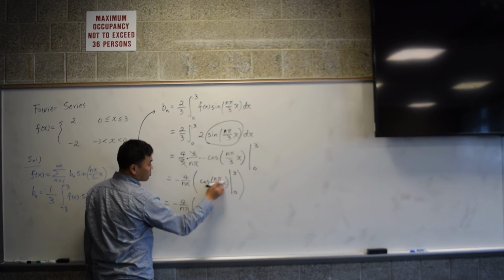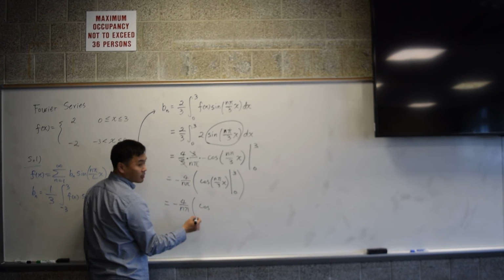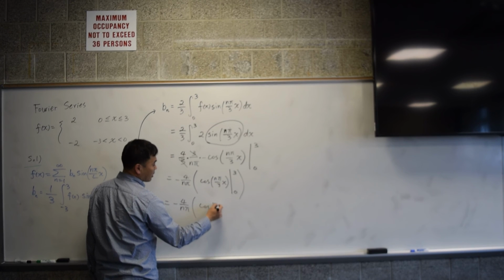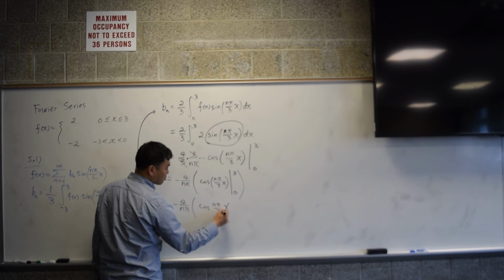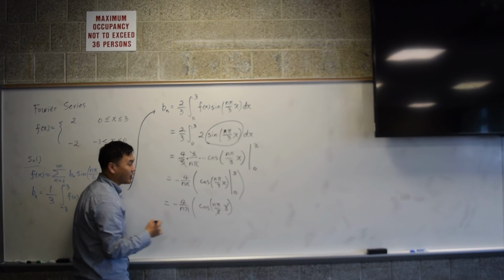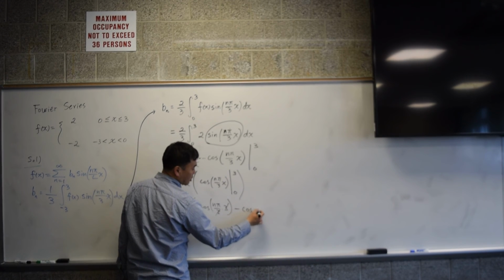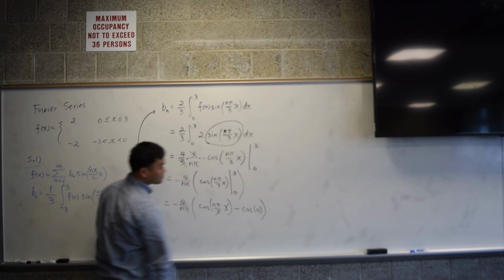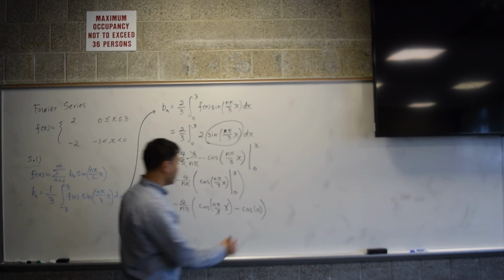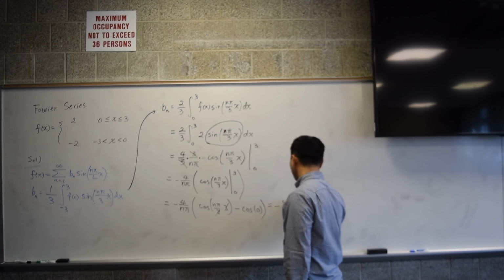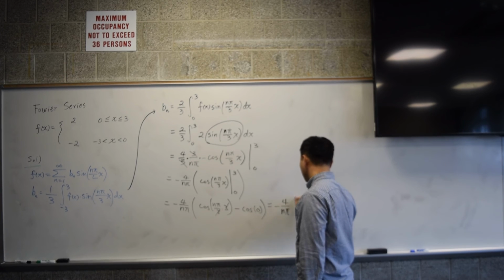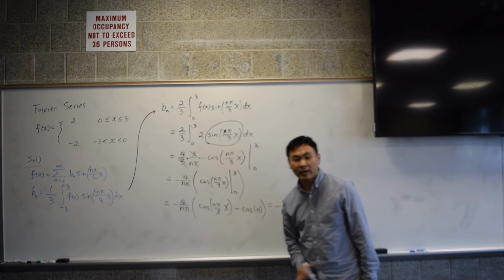When you plug in 3, what do you get? Cosine of n pi over 3 times 3, so the 3 cancels, and you get cosine n pi. When you plug in 0, you get cosine of 0. So we have -4 over n pi times the difference. What's cosine n pi?